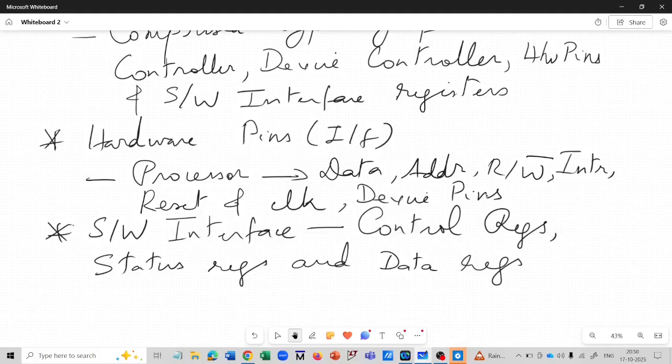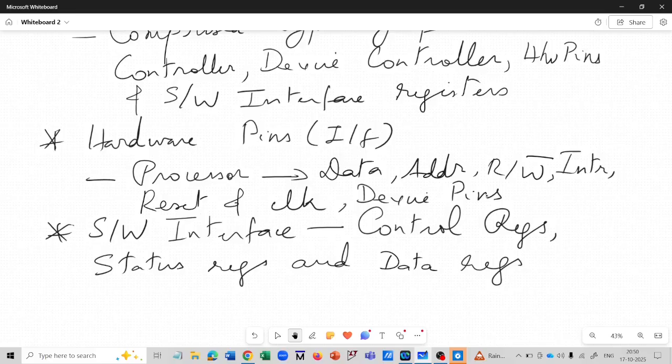For instance, if it's a serial device, you will have a single serial pin and a few handshake pins. If it's a parallel device, then there will be a data bus. And if it's a memory-like device, there will be an address bus also. So the device side hardware interface will depend on the device that is connected to the interface controller.